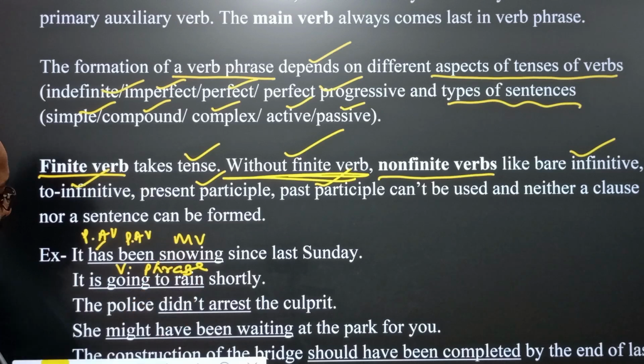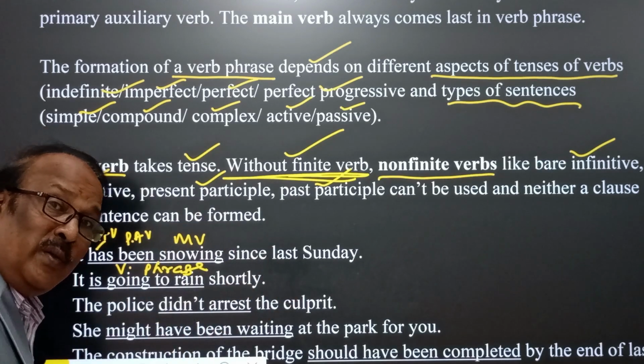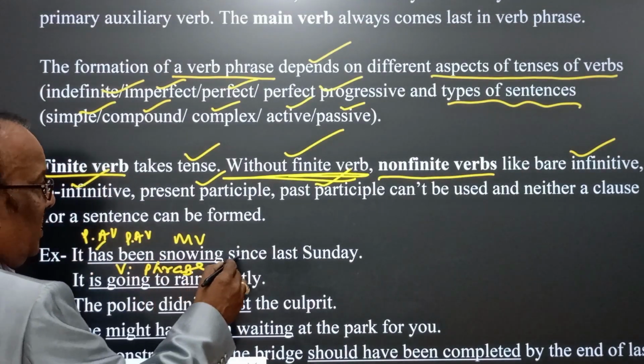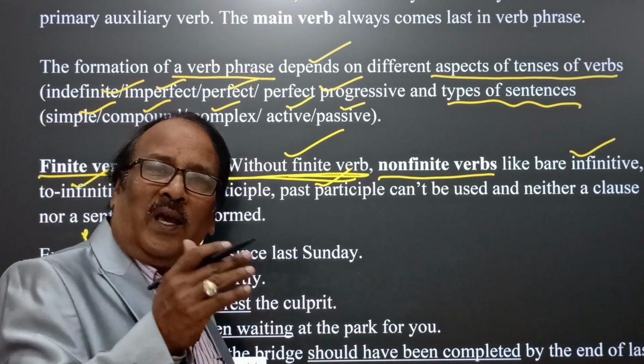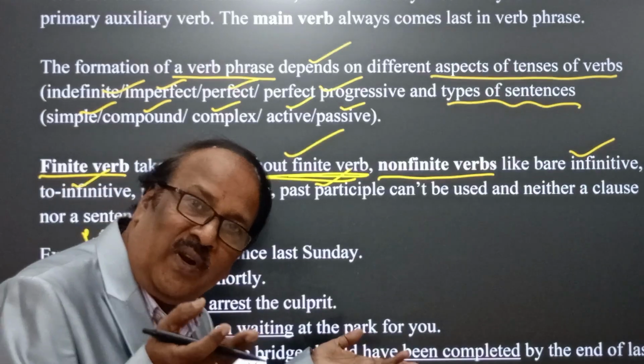Usually the main verb remains at the end of the verb phrase, and here we find the same: has been snowing since last Sunday. Here has been snowing is the verb phrase.